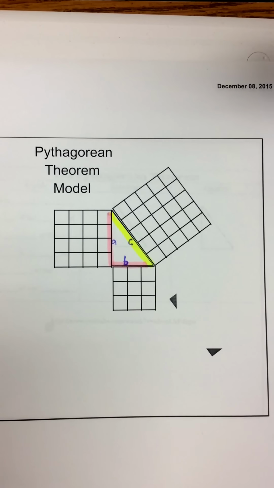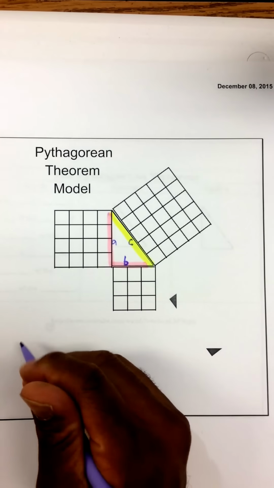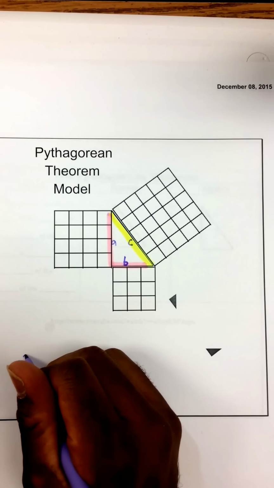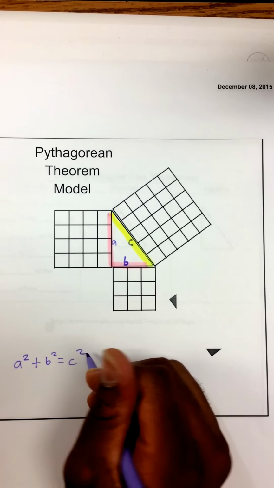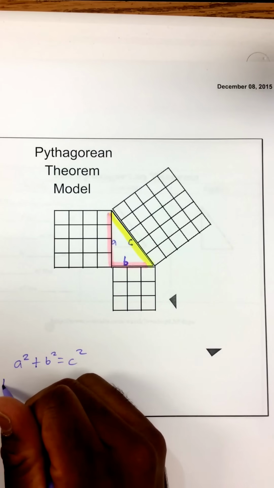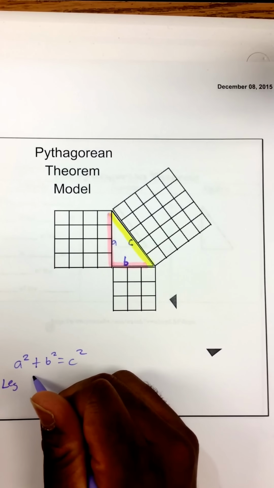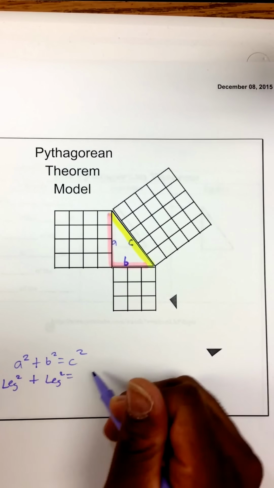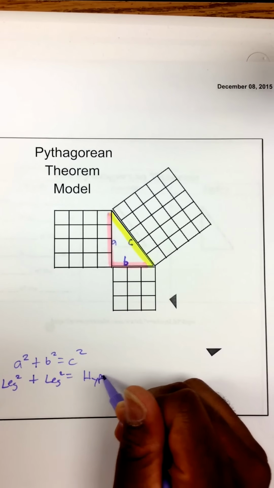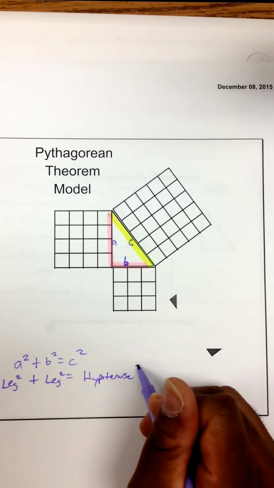Now, when you see this, there's a formula called the Pythagorean Theorem, which is a squared plus b squared equals c squared. And that means leg squared plus leg squared equals hypotenuse squared.